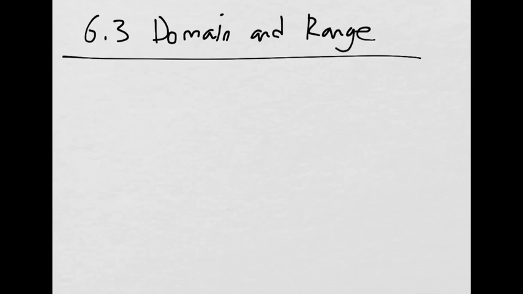These two ideas help us to understand what kinds of values the independent and dependent variables in a relation can take on. If that sounds a little wordy and confusing, I'm going to use the example that we did last day to help explain what that means.